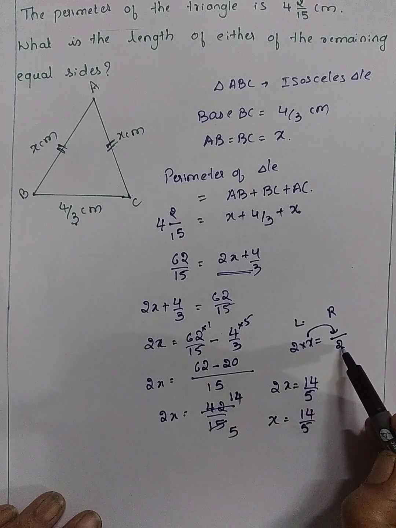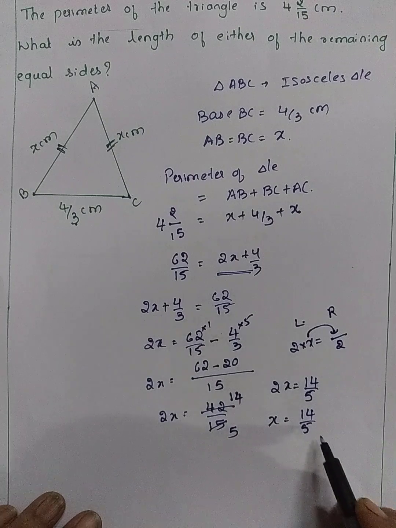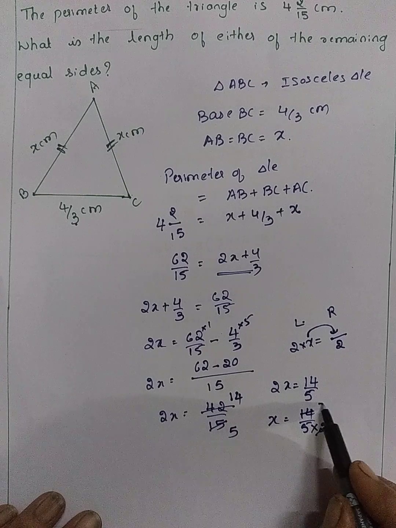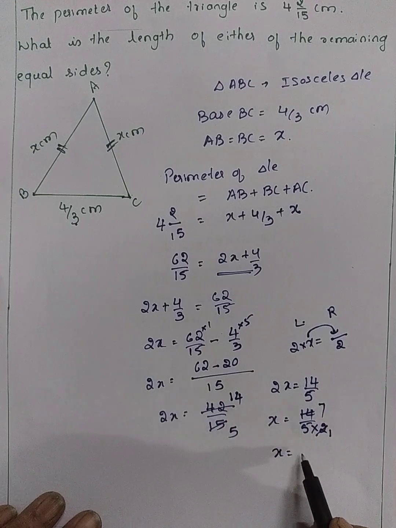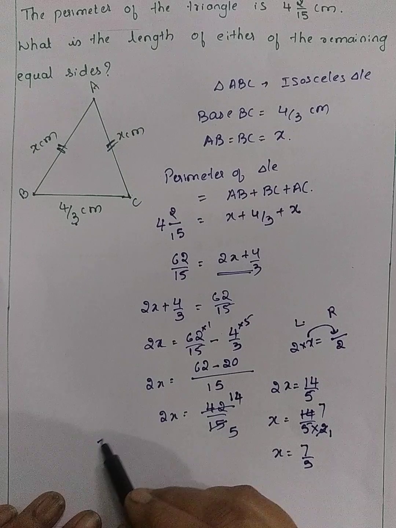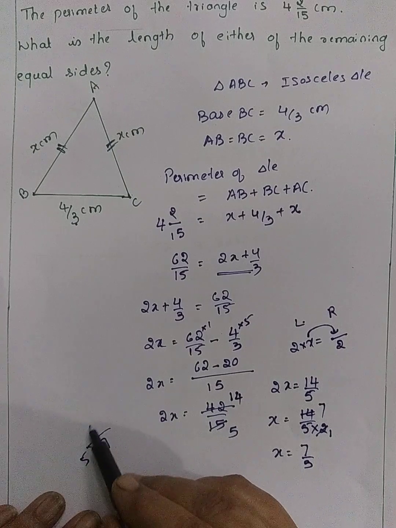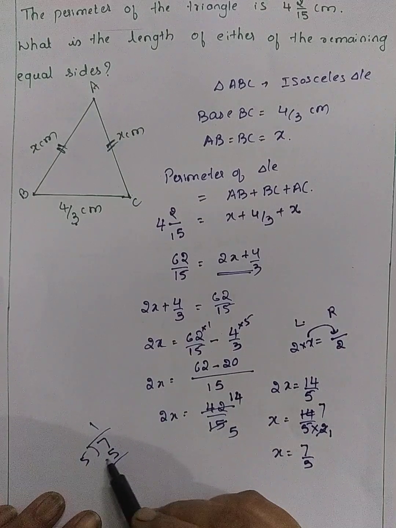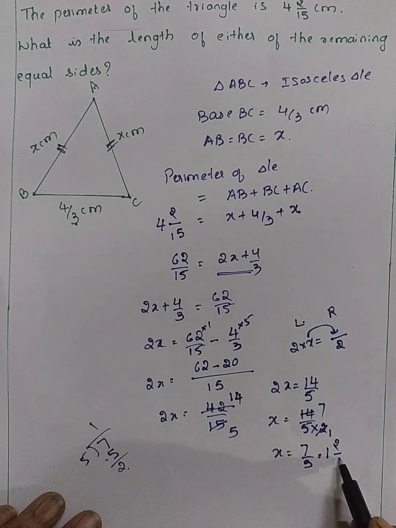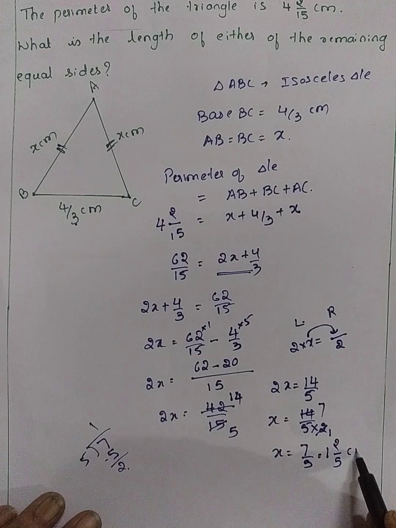You have to write it in the denominator, that is 2. Now 2 1s are 2, 2 7s are 14. x equal to 7 by 5. So now write this in the form of a mixed fraction. That is 7 by 5. 5 ones are 5, remainder 2. So 1 integer 2 by 5 centimeter.